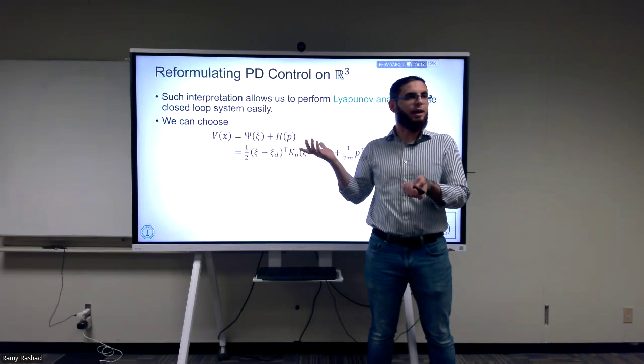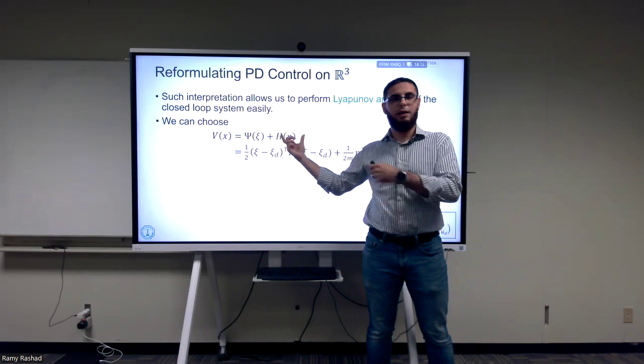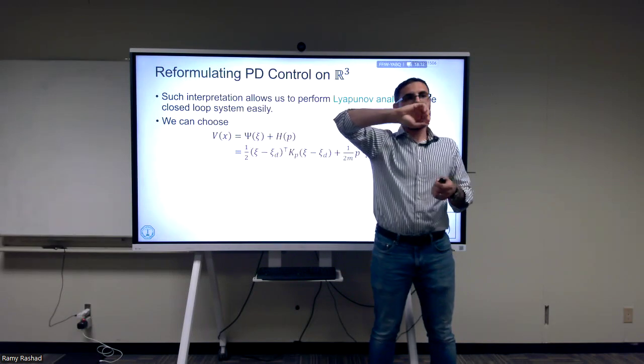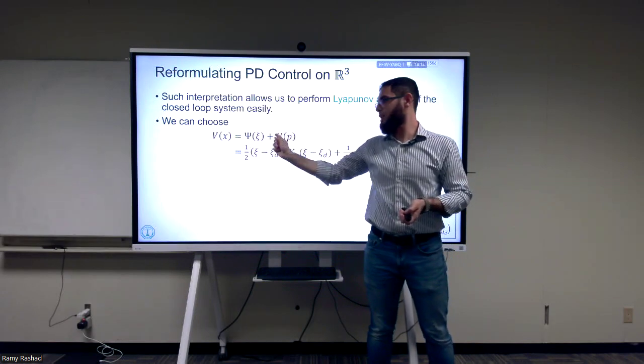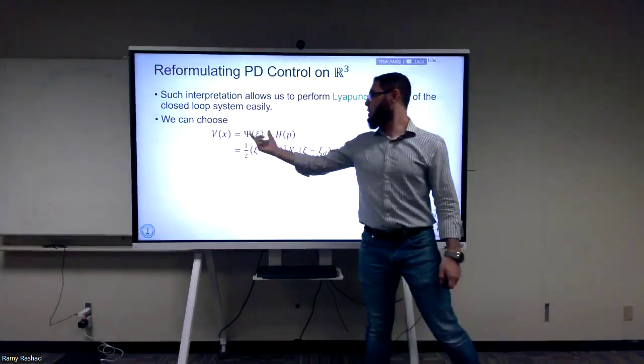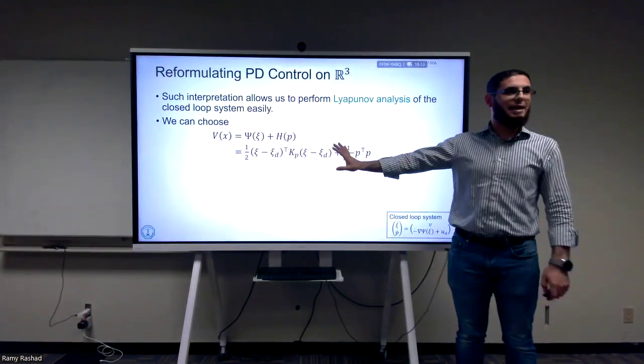In our case, we had only kinetic energy. If we have potential energy in the system, we can add more terms. But for our point mass, it was only a point mass moving in space, which has only kinetic energy. So this is the kinetic energy, one half m p transpose p, and the psi here is given by this expression. So we can choose this as the Lyapunov function.